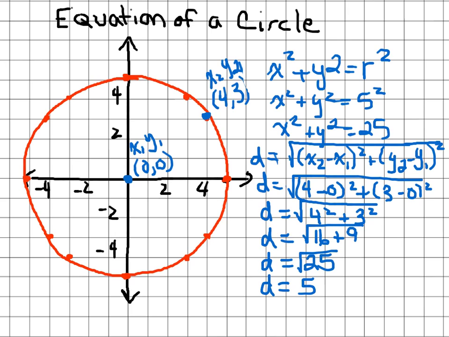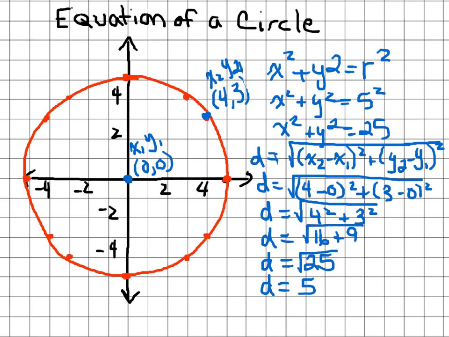So what you'll notice, looking at what we had from the previous one, is that my radius is 5, and if I use the distance formula from the origin out to this point, it is also 5. So really the equation of a circle centered about the origin is essentially just the distance formula.